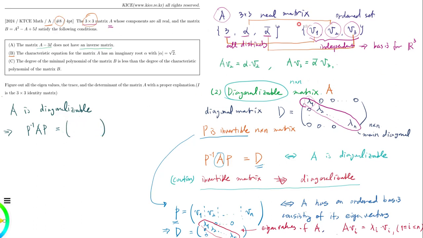Since I ordered these eigenvectors v1, v2, and v3, its corresponding eigenvalues will be 3, alpha, and alpha bar, and all the other entries are 0 here. So we have some invertible matrix P here.